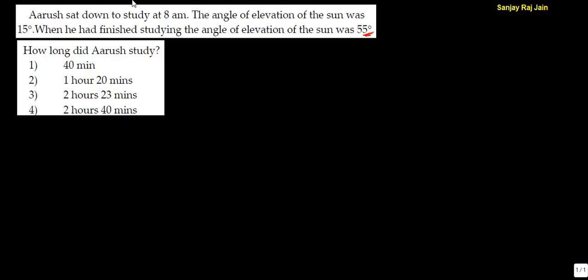Now let us suppose this is our horizon, and the sun rises in the east. So this is the position when the sun is rising, and this is the 0 degrees position.